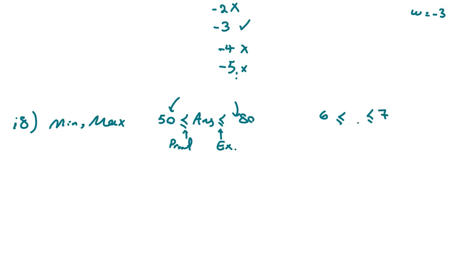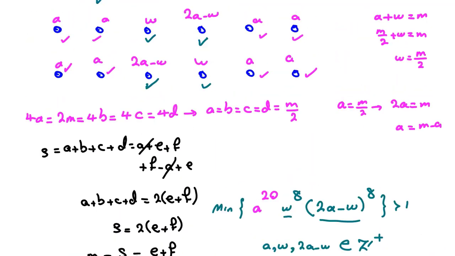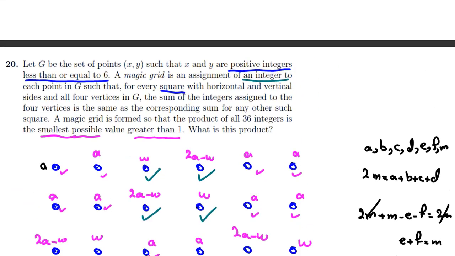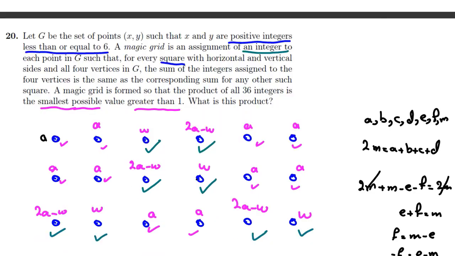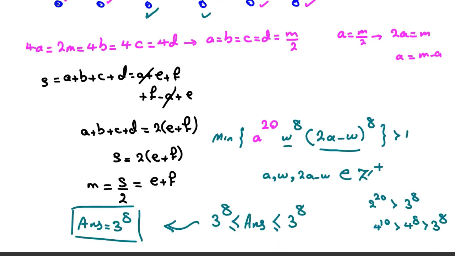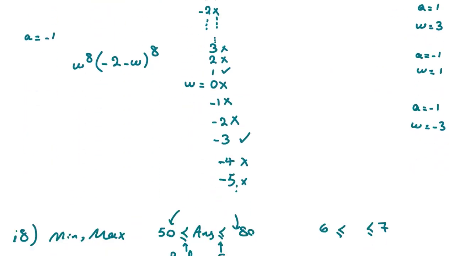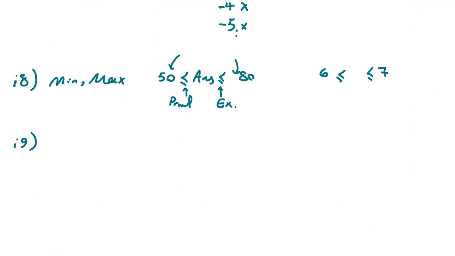Okay, in this case, the answer is 6 or 7. So if you write only the proof or only the example, you will get at most the mark of one part. Idea 9. Here we set casework, we set the small examples, and we found minimum, maximum, cases, answer, and caseworks here. Okay, so 8 ideas.